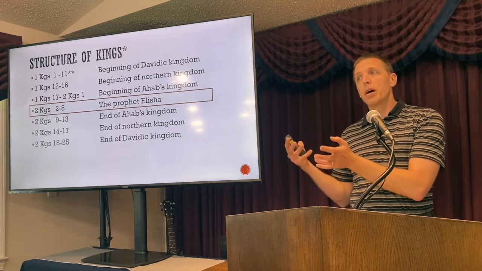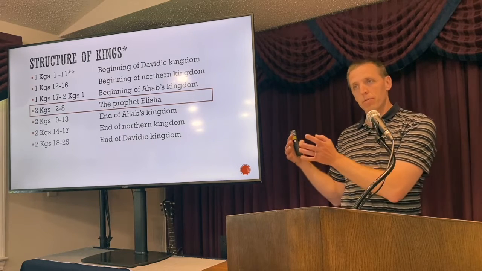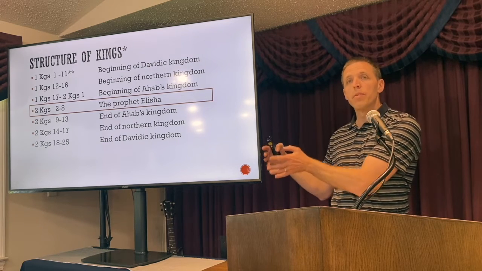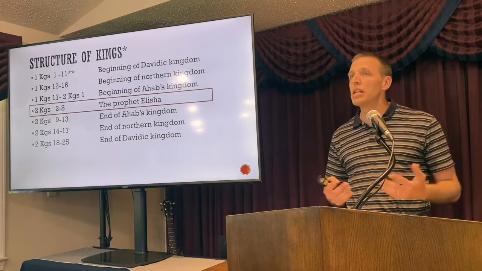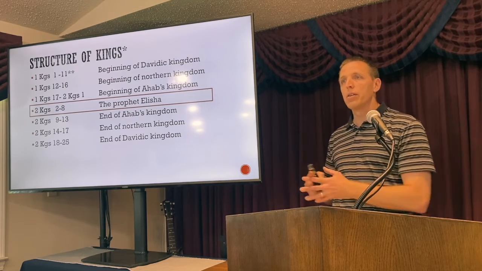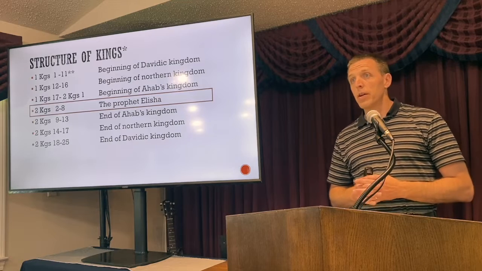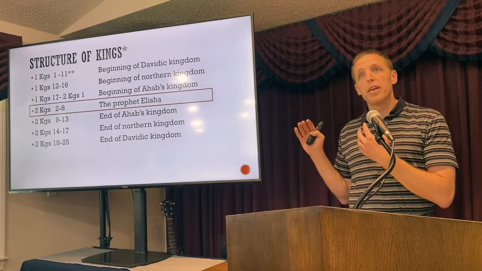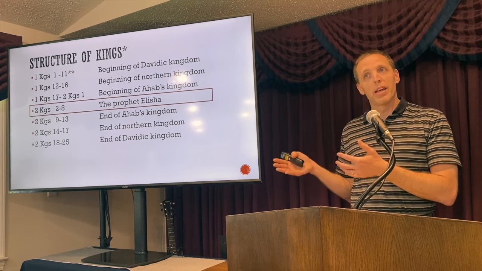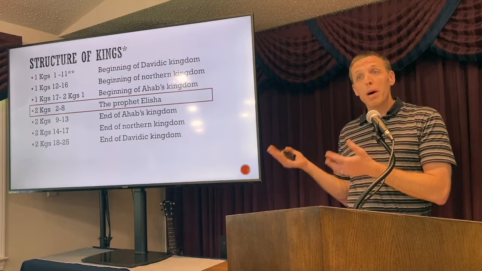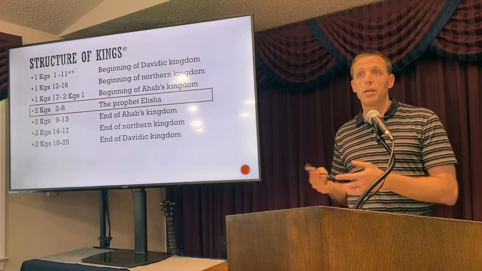And then from Ahab comes Elisha, and after Elisha, they review the end of the Ahab dynasty, the end of the northern kingdom, then the end of the southern kingdom. And you can sort of see that going into Elisha and then the unwinding back out afterwards. So let's just say that for whatever reason, I'll try to explain what it is ultimately, the spotlight is on Elisha in this book.